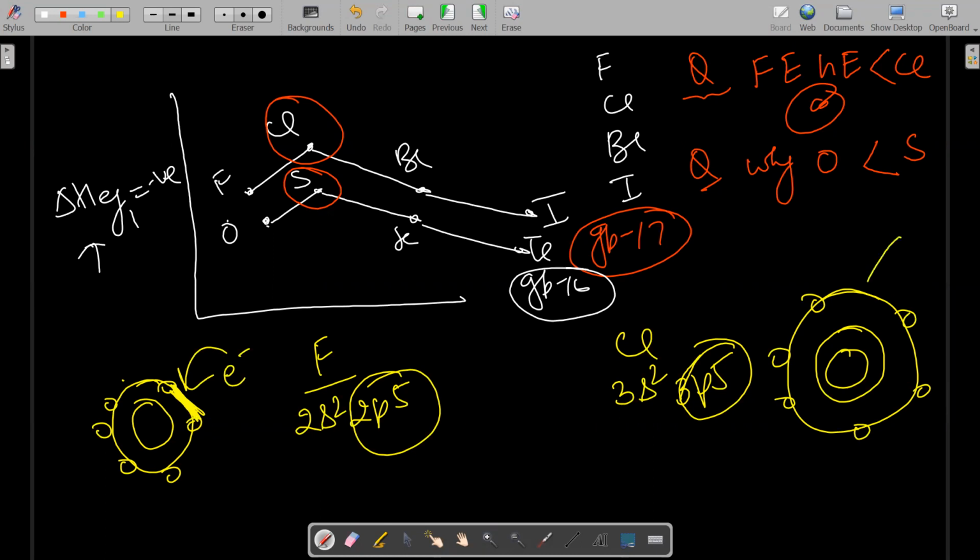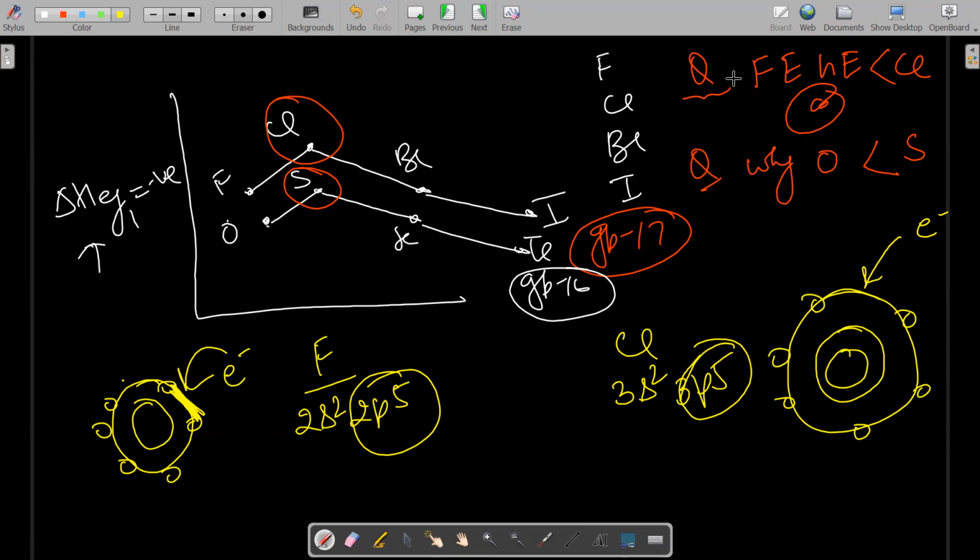Due to less repulsion, it will attract the electron. The chlorine outermost shell, or we can say the nucleus, will accept this electron. The repulsion is not too much, so obviously the electron will be accepted, and hence more energy is released. So this is the reason.